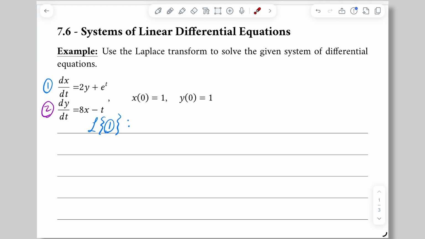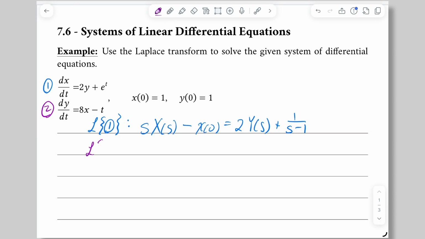Applying the Laplace transform to the first equation gives us sX(s) minus x(0) equals 2 times Y(s) plus 1 over s minus 1. Of course, x(0) is equal to 1, which we'll write when we rewrite this.